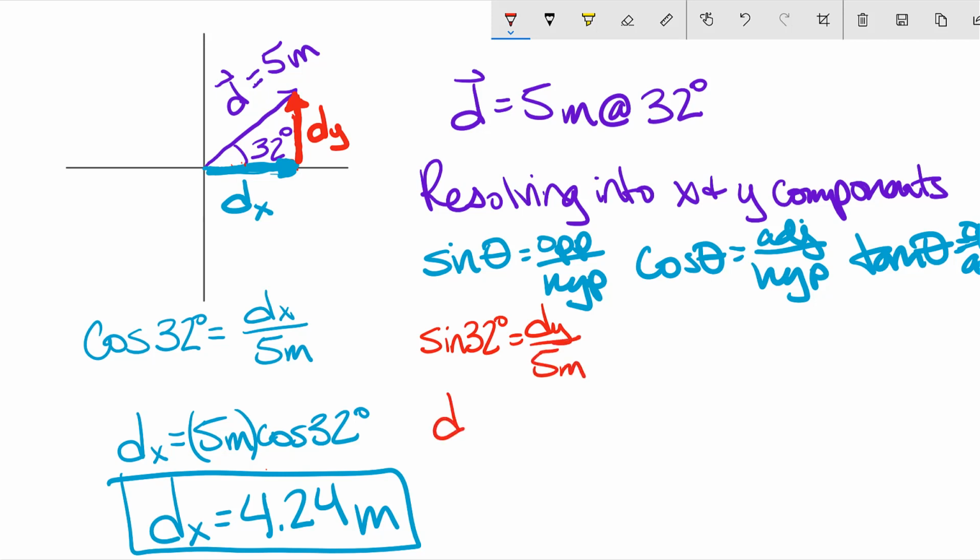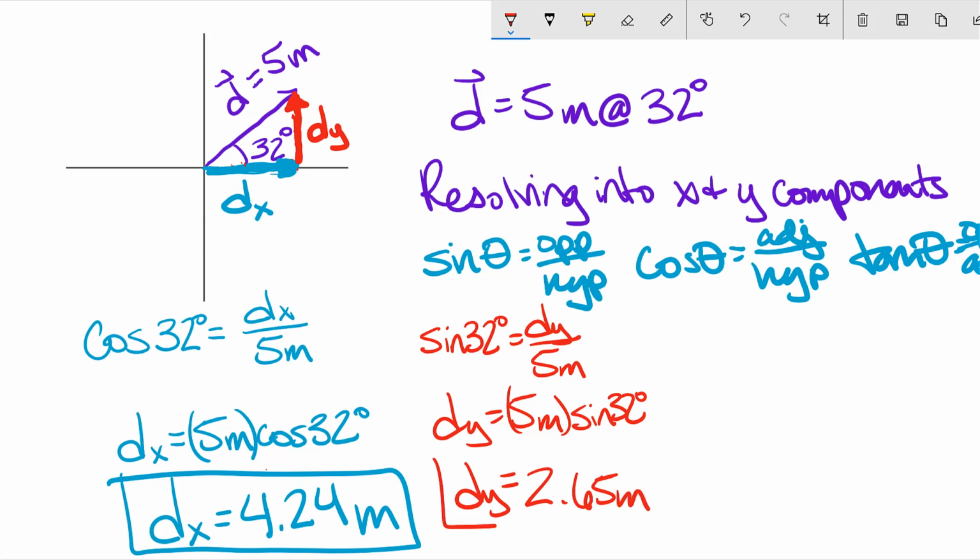So dy is going to equal 5 meters times sine of 32. We plug that into our calculator and should get 2.65 meters. I'm rounding to 3 sig figs, so use your sig figs rule.